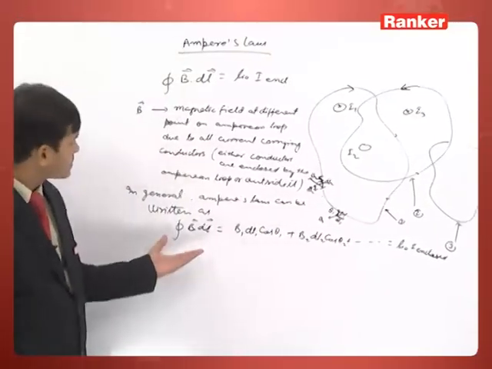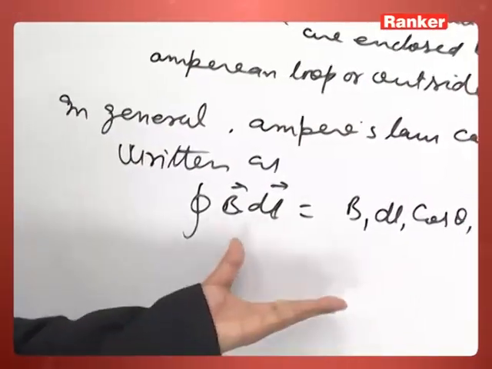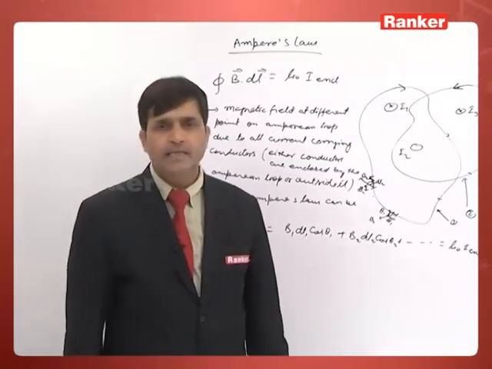But how do we use Ampere's law when we have to calculate the magnetic field due to a current carrying conductor?